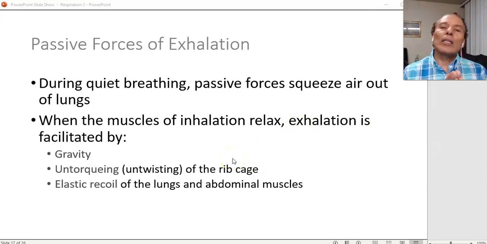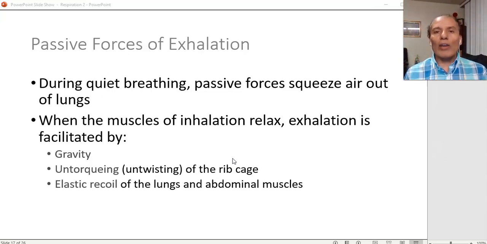You need to understand what these passive forces are, what each one acts upon, and what the outcome of that action is. If you take notes, you will understand the questions that you will have.